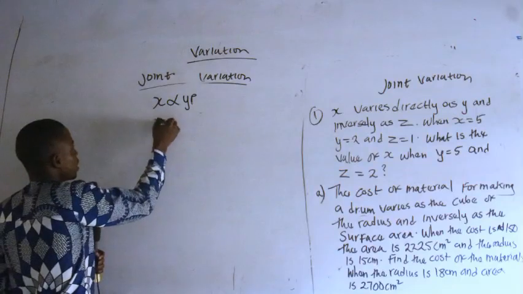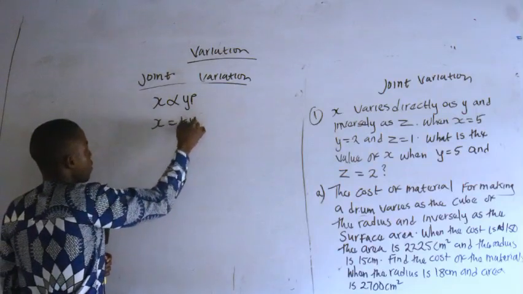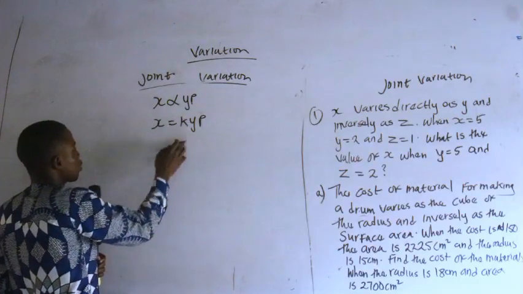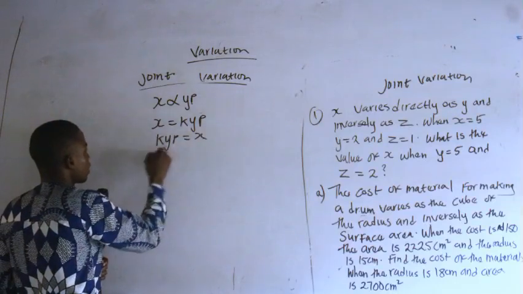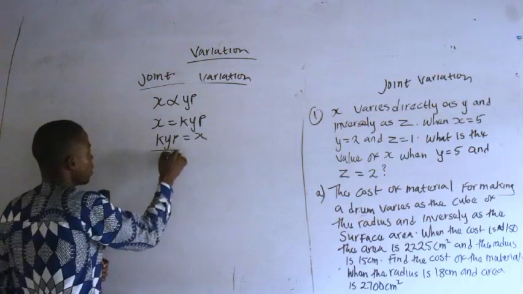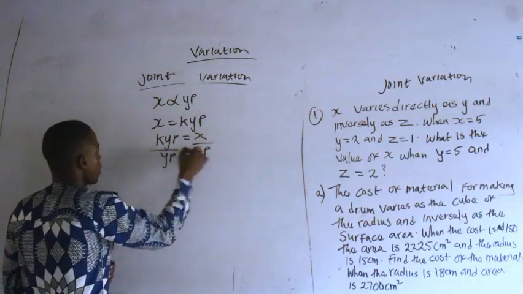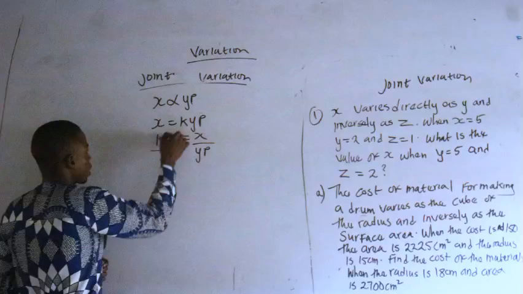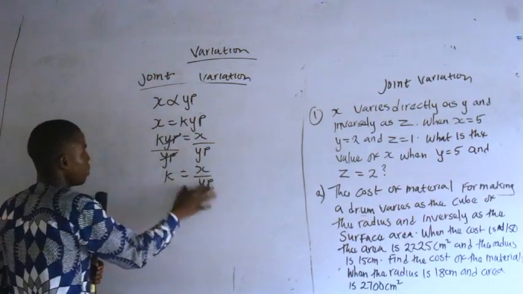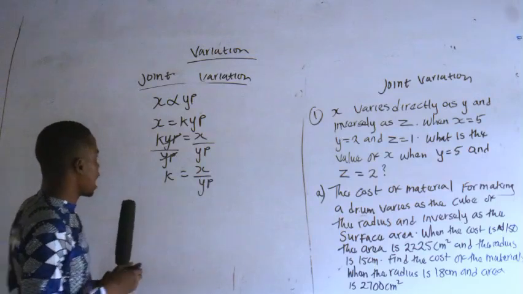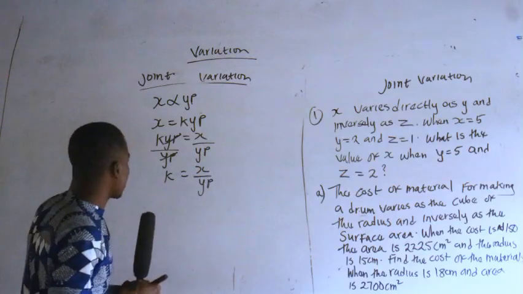X equals K Y P. Make K the subject: K Y P equals X. Now divide both sides by Y P, Y P over Y P cancels. Our K equals X all over Y P. Now that's it for making the constant.